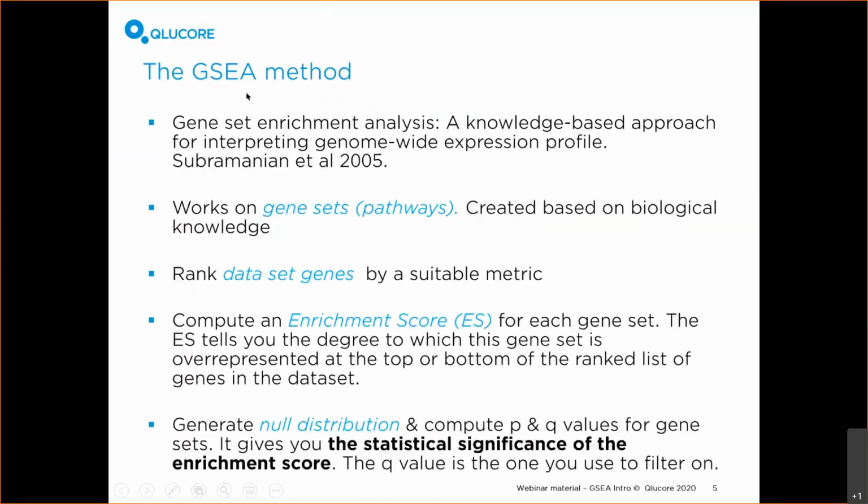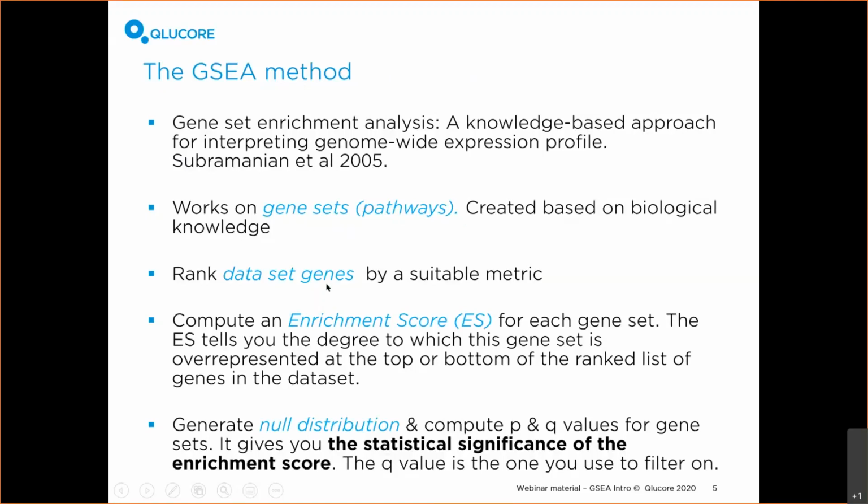The gene set enrichment analysis method was invented in 2005 by Subramanian et al., and this is the original publication on that. It works on gene sets or pathways that are created based on biological knowledge.